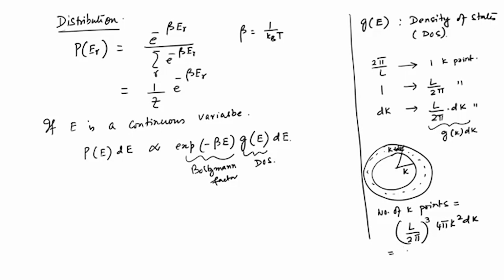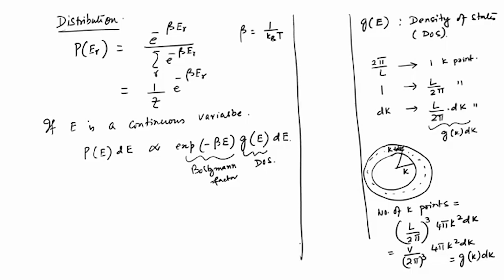So, this is simply equal to V over 2 pi whole cube and 4 pi k square dk. This we call G(k) dk. And then we will simply use the dispersion relation which is dependent on a given problem.